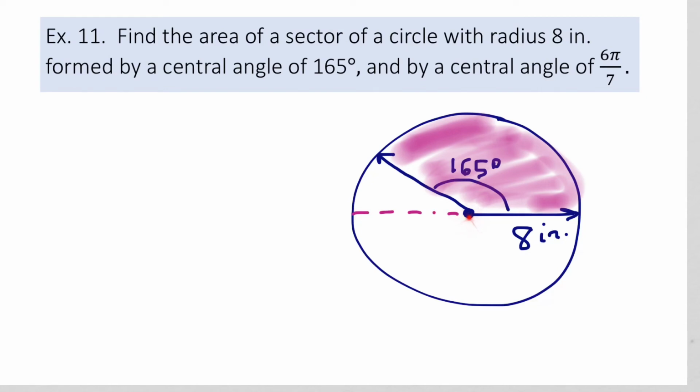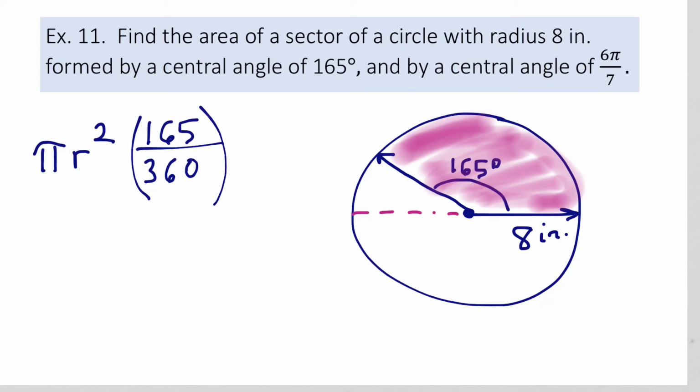So we're going to proportion the area of the entire circle, which is pi r squared, by the proportion of the circle that is pink. So that's 165 degrees out of 360 degrees total.